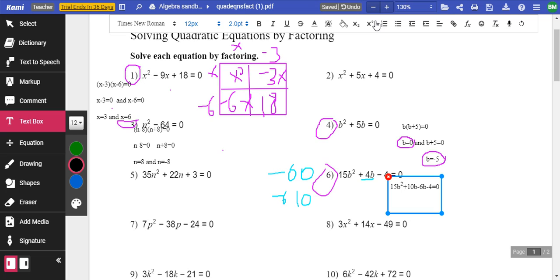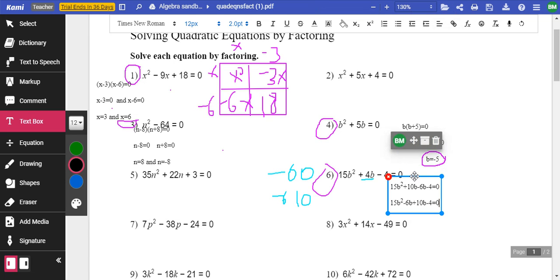I'm going to put 15b and 6b together because they are both multiples of 3. So I'm going to go 15b squared minus 6b plus 10b minus 4 equals 0.